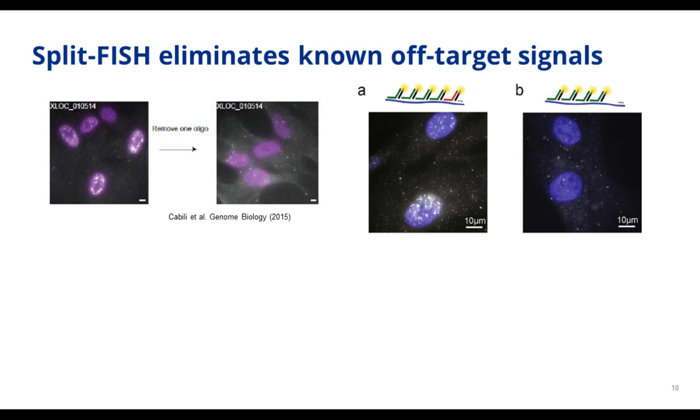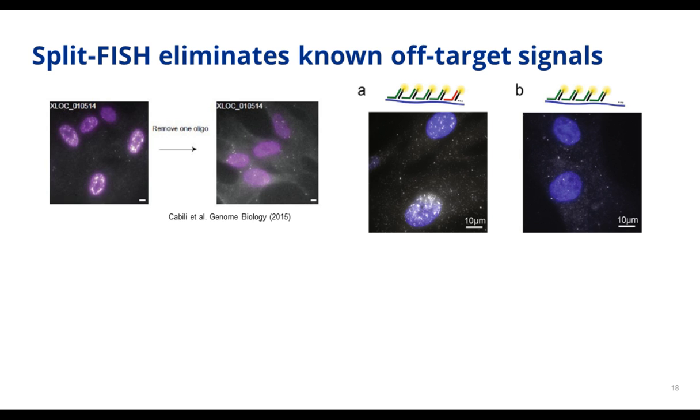One very interesting example is that this non-coding RNA called XLOC010514 failed the two-color co-localization test. And when they went in to investigate, they found that there is one oligo in the probe pool that is non-specific, right? This particular oligo was staining an off-target in the nucleus.